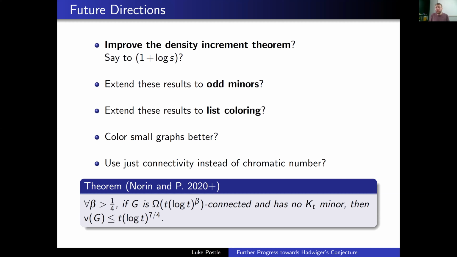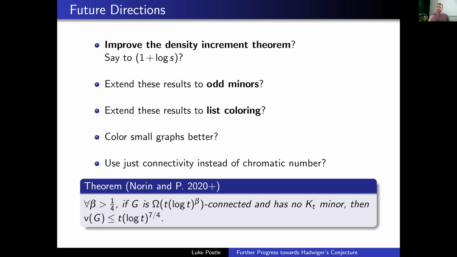And just generally a question that maybe even Sergey and Zi-Xia had asked in their paper was, could we use connectivity instead of chromatic numbers? Here I really used it as a resource. I'll point out that Sergey and I, for the quarter case in the list coloring, had actually proved a stronger result: that if you're t log t to the beta connected for beta greater than a quarter and no K_t minor, then your number of vertices is small. So the number of vertices is t log t to the 7 quarters, which is very small, so you can just color it.